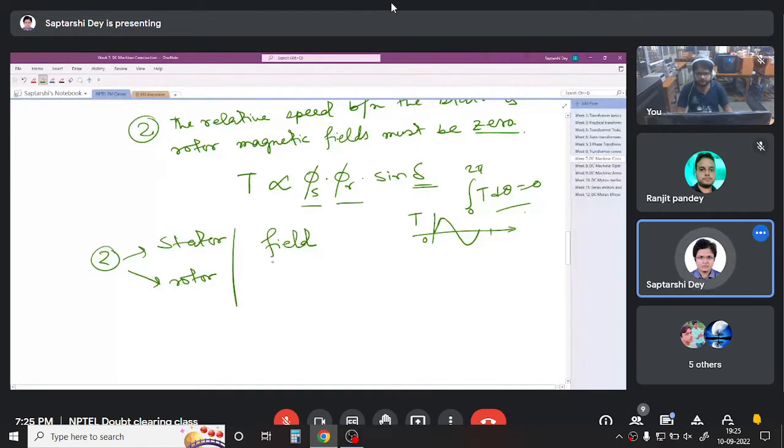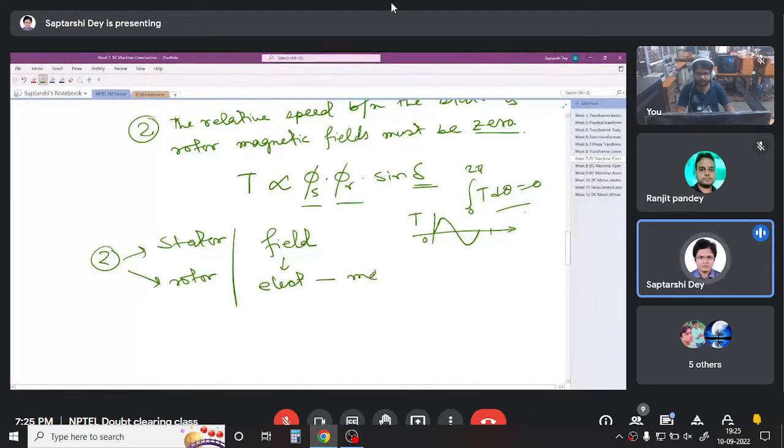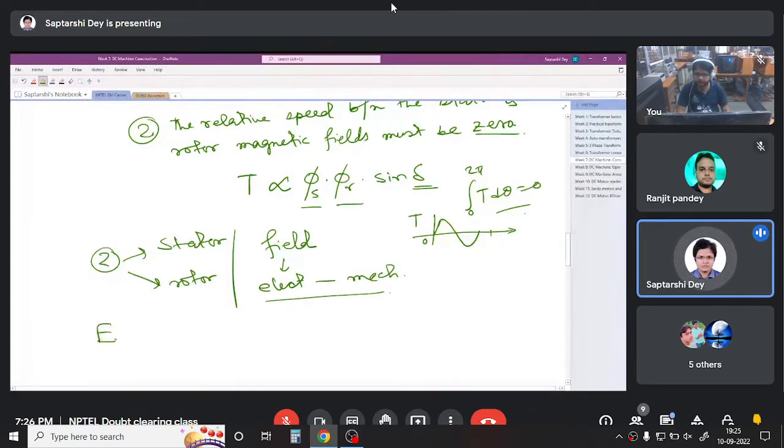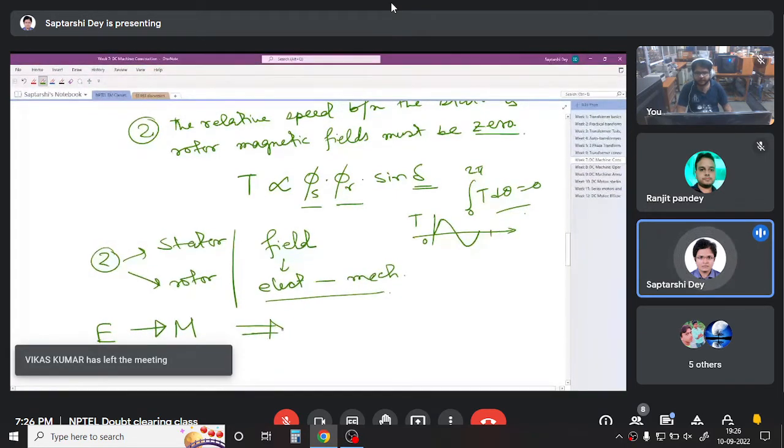And the other one uses this magnetic field to convert between electrical energy and mechanical energy. Both can happen. So when you have a conversion of electrical energy to mechanical energy, what will you call that machine?